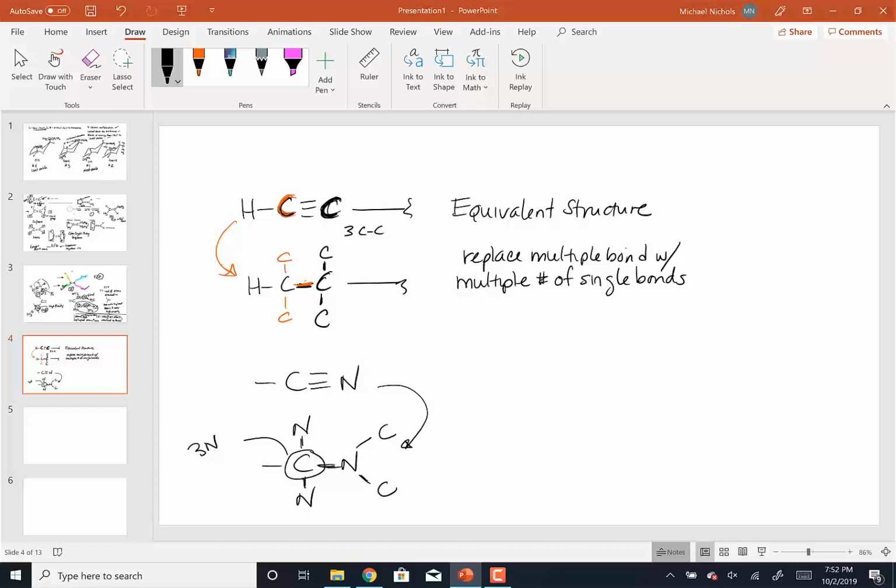Let me reiterate this, and we'll do more of this after the exam. These carbons are sometimes called, at least they were years ago, phantom carbons.